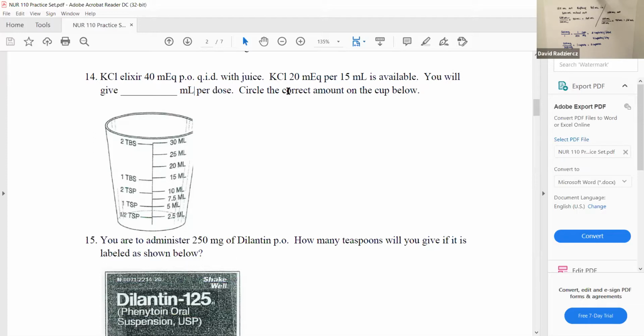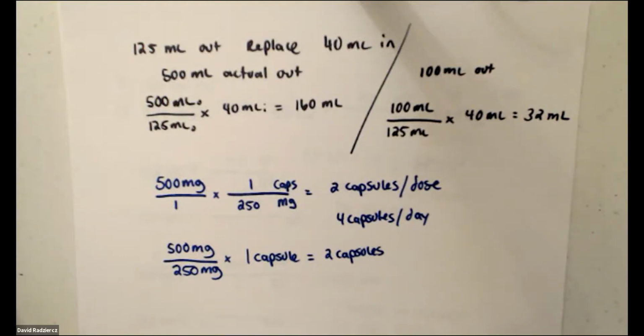So let's set this question up. 40, 20, and 15. All right, so what is the order?